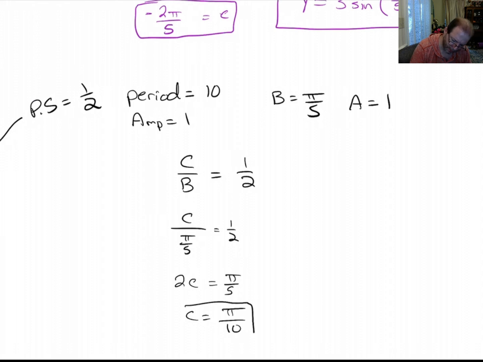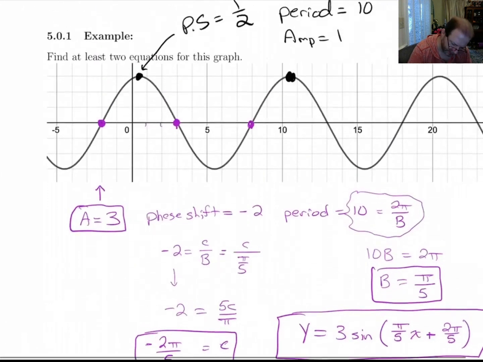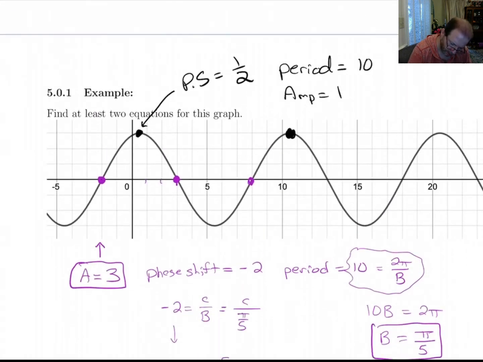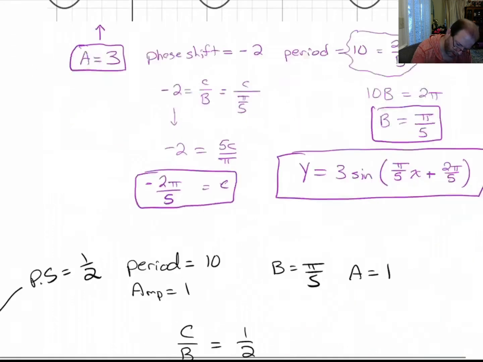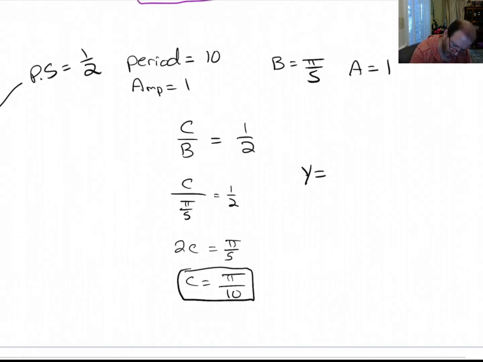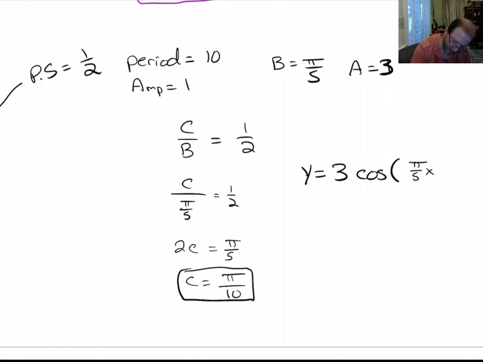Yeah. All right, so this would be y equals, wait a second, I said a was 1. That doesn't sound right. Yeah, the amplitude's not 1, the amplitude's 3. So it's 3 cosine of pi/5 x minus pi/10.